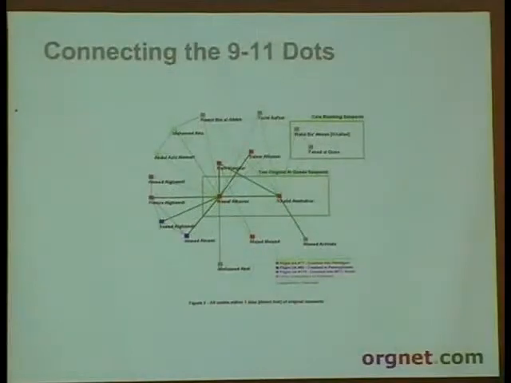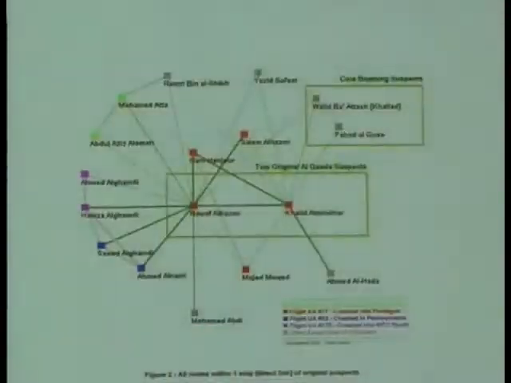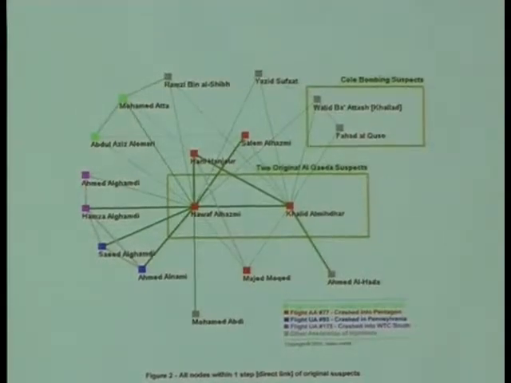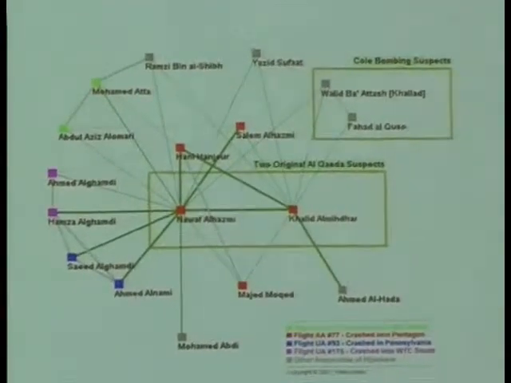This could have been done with FISA warrants, because these 2 people were known suspects, and everybody around them now are the direct connections. And we can see that I've labeled the people that were on the planes in 9/11 by color, and we could see that already many of the people are starting to show up.